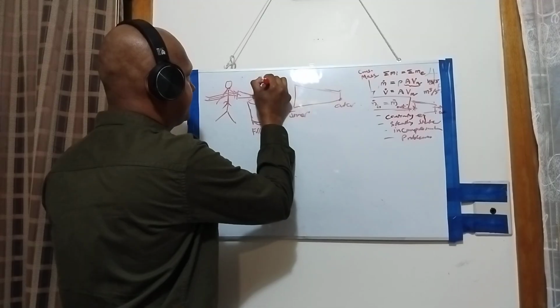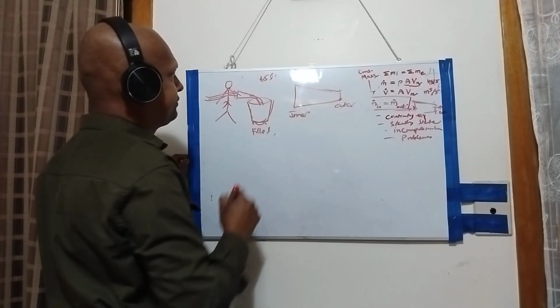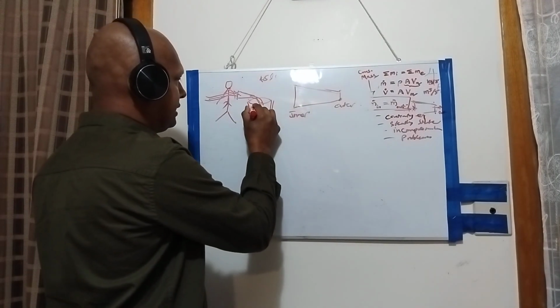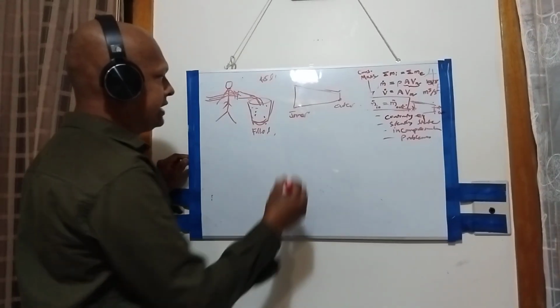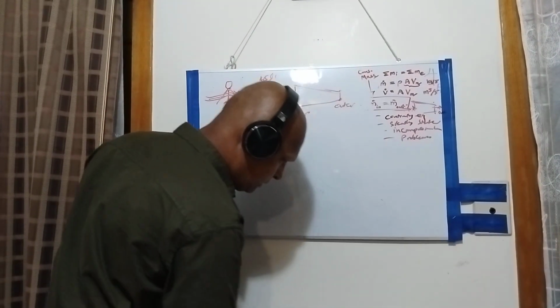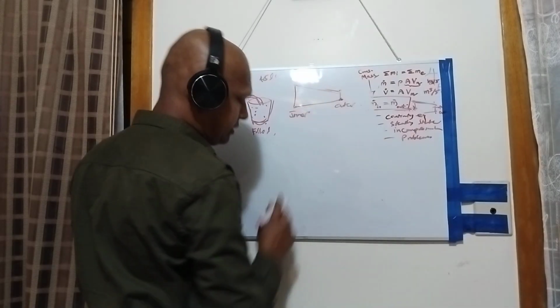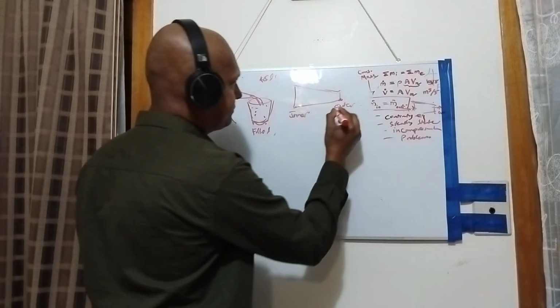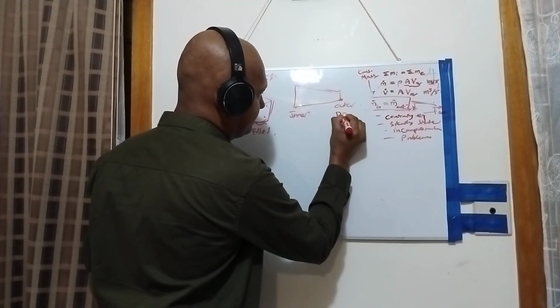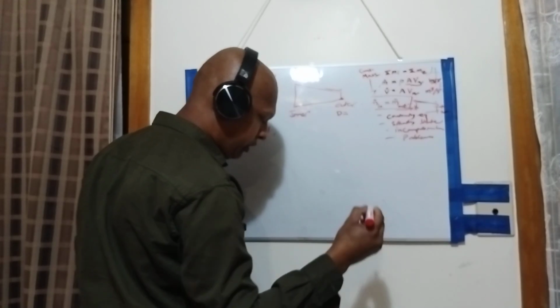It also says the outer diameter of this nozzle is 0.08.